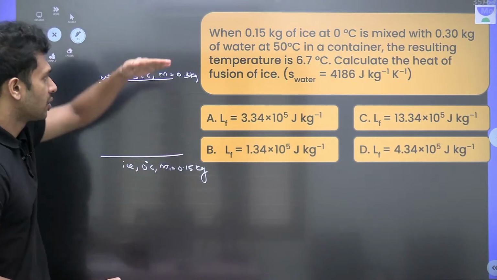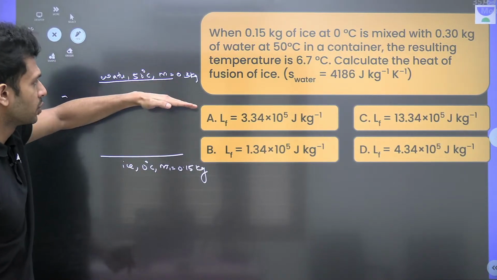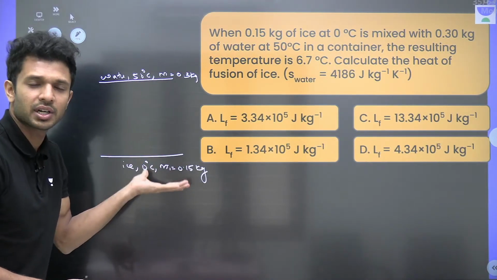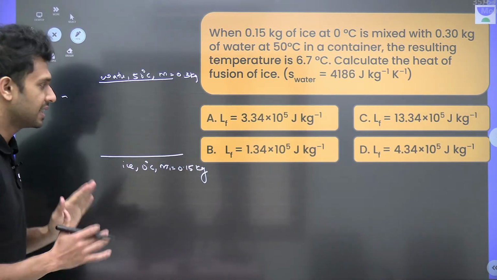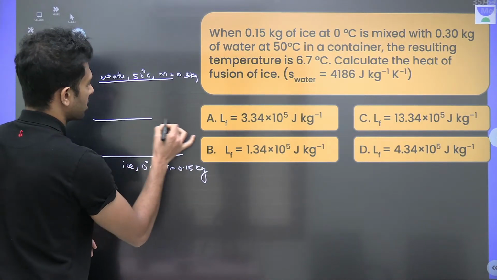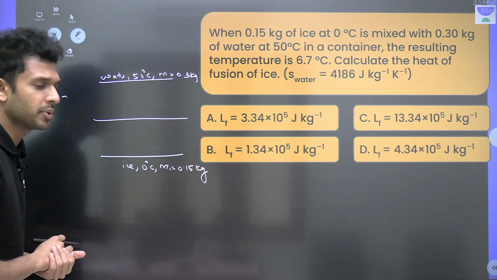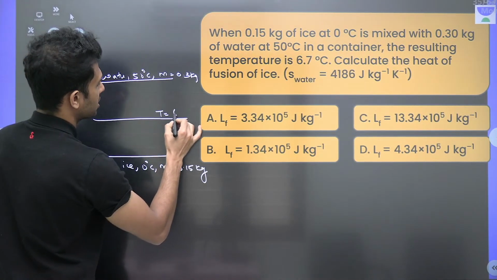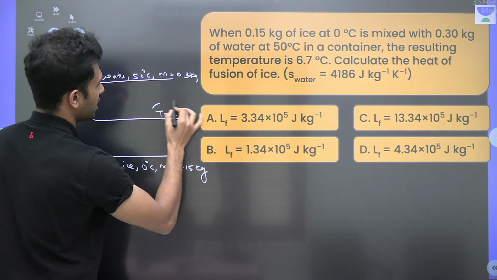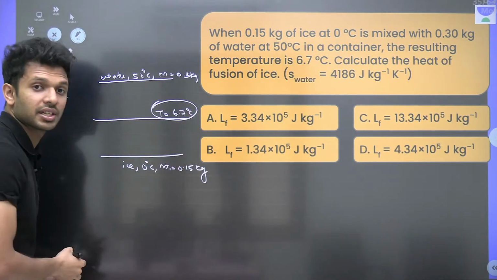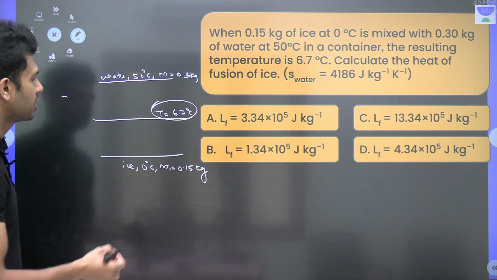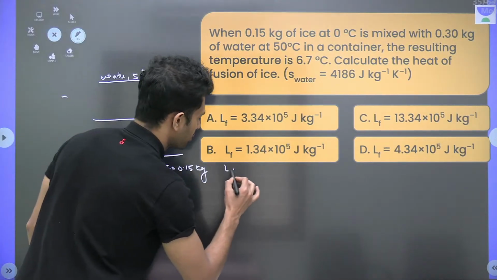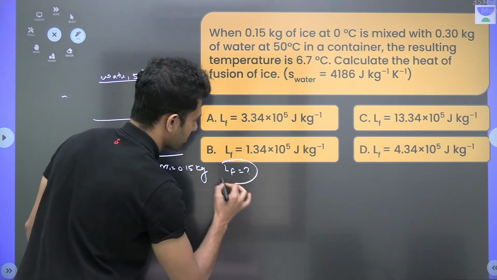Tell me what happens. Water, which is at a higher temperature, will lose heat energy and ice, which is at a lower temperature, will start gaining heat energy. When the mixture comes to equilibrium, the temperature of the mixture is found to be 6.7 degrees Celsius. If this is the case, find out the value of latent heat of fusion of ice.